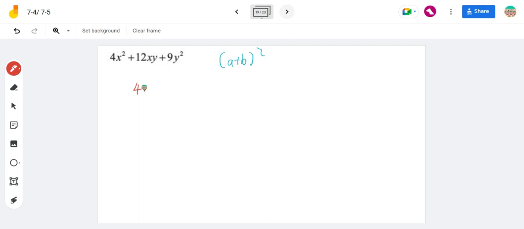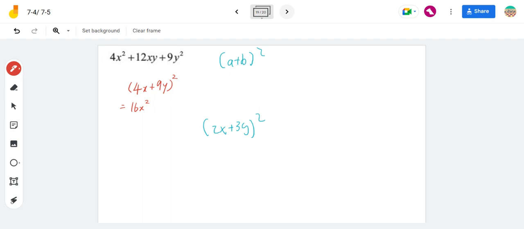Okay, so if you put in (4x plus 9y) squared, it is not true because if you look at the first term, you already get 16x squared. So the 4 you should also square, so you will not get back 4x squared on the first term but 16x squared.